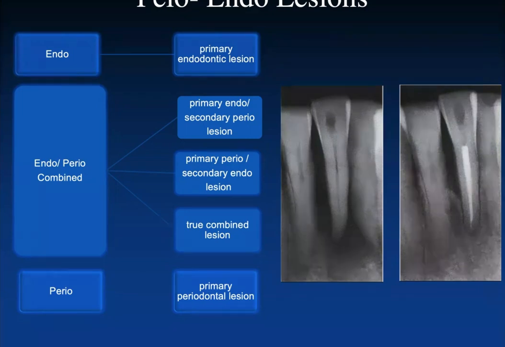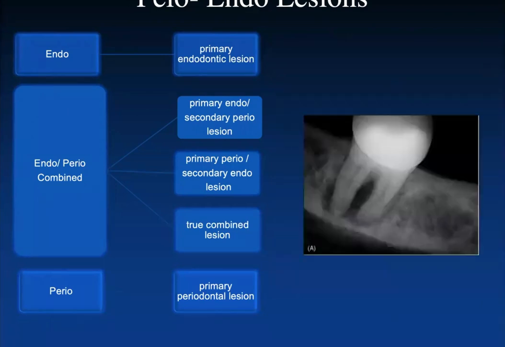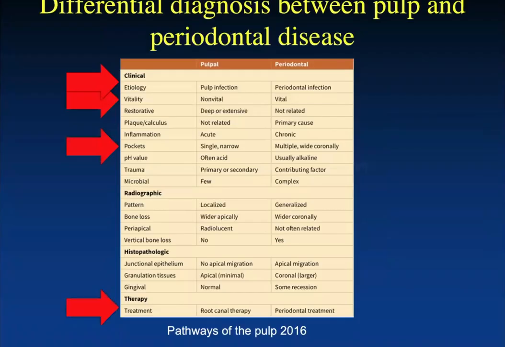So that indicates that it's a combination of an endo problem and a perio problem. Primary perio is the easy one, where the tooth is vital. So you just need to do periodontal treatment to debride the area, and if it's extensive, then extraction.